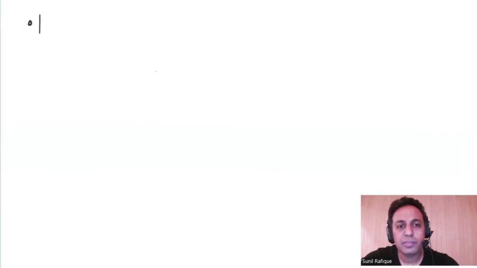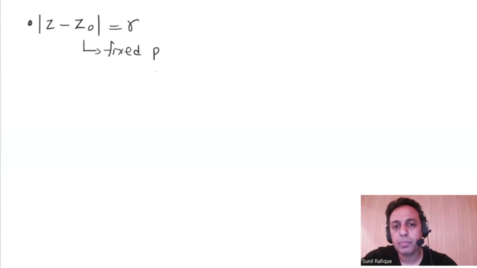All right. So let's talk about some of the other types of loci. You will come across this kind of locus quite often in an exam. So make sure you remember this form. What does the modulus of z minus z naught equals r mean? This z naught is a fixed point, and this z is a variable point, which is obviously tracing out this locus.